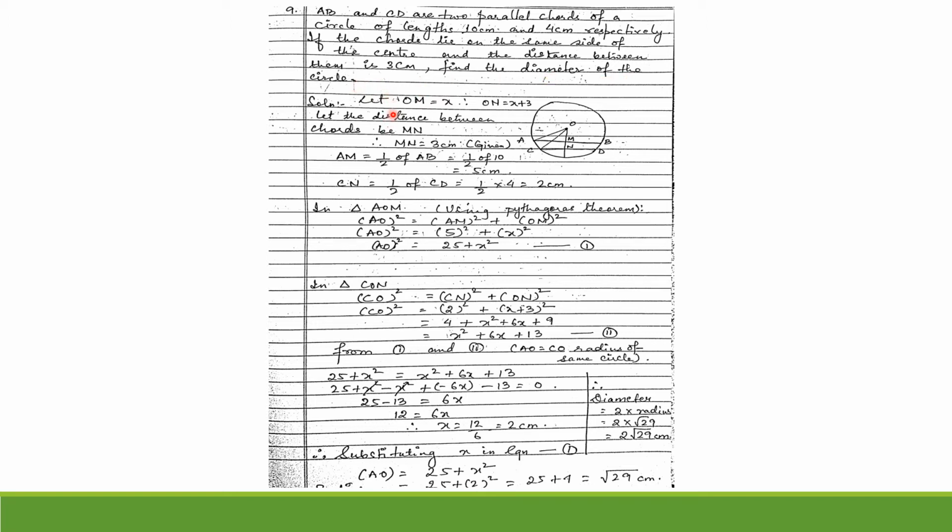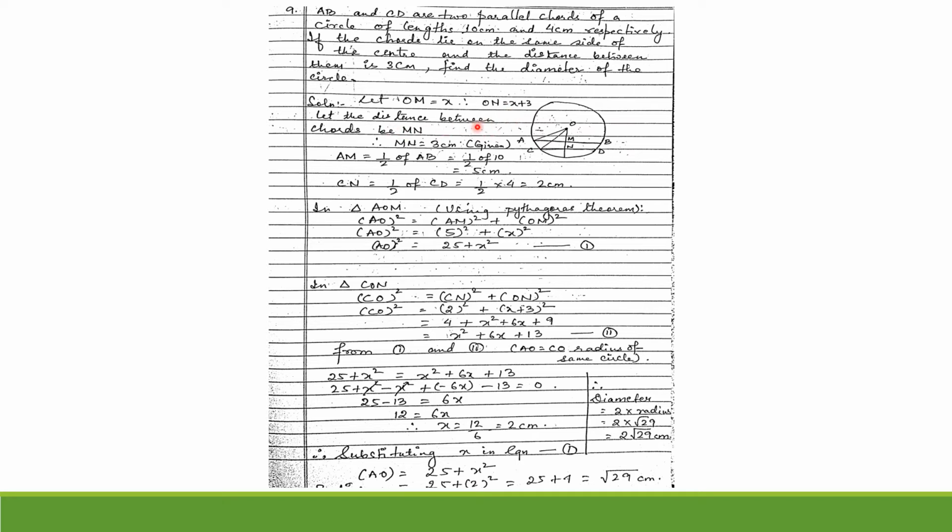So we are assuming that the length OM, that is the distance between the center and the first chord, is x, and we are also given that the distance between the chords is 3 centimeters, that is MN is equal to 3 centimeters. So if I add 3 centimeters to the length of OM, I get ON here.